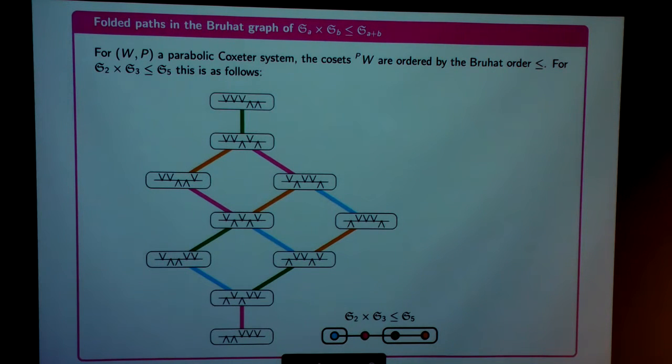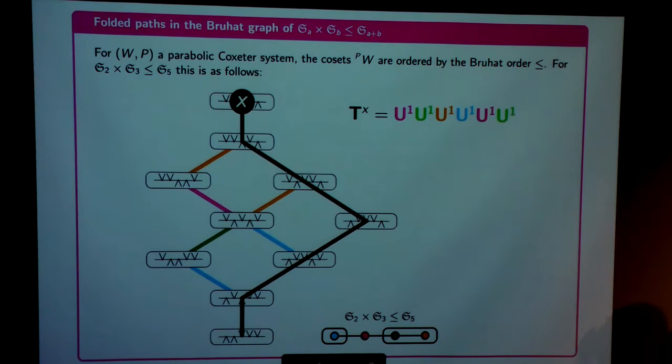Cool. Now, Lusztig theory is the study of paths in this graph. So here I've shown you a path which goes from the bottom, all the way up, leading to the right, to the top. And the color sequence it did was pink, green, orange, blue, pink, green, ta-da.